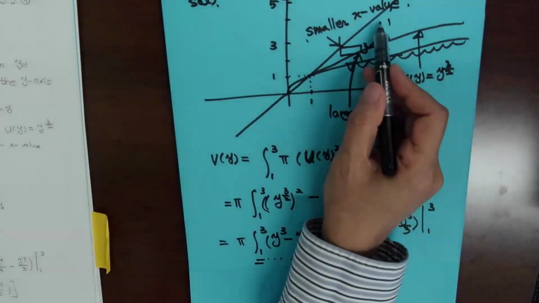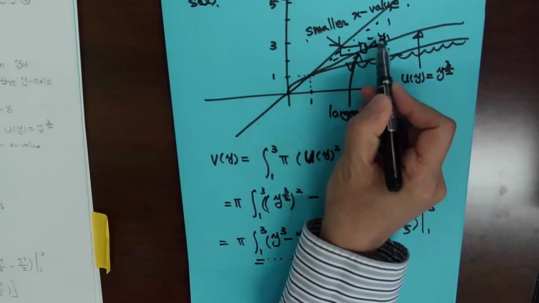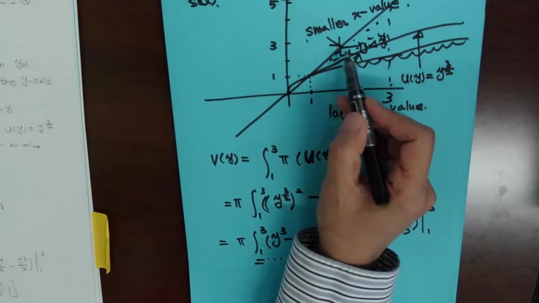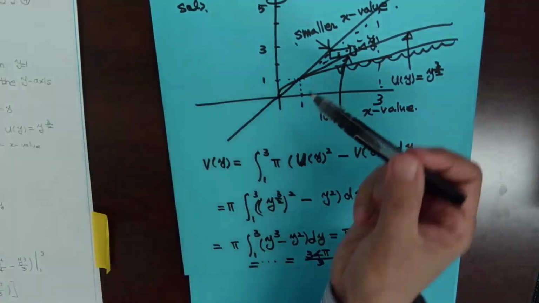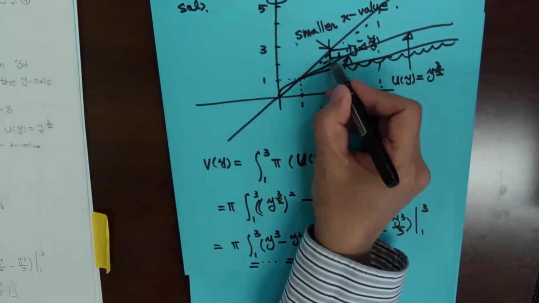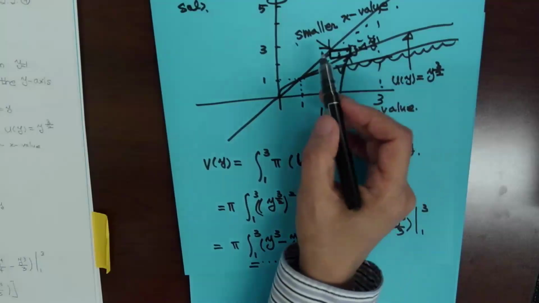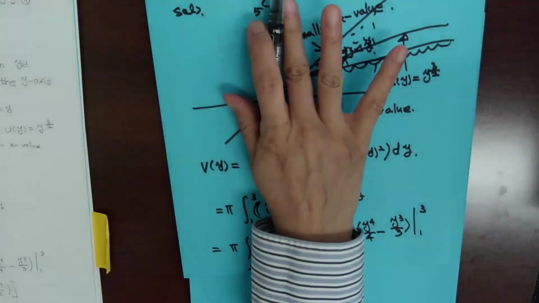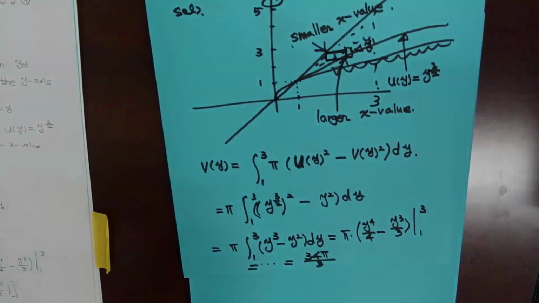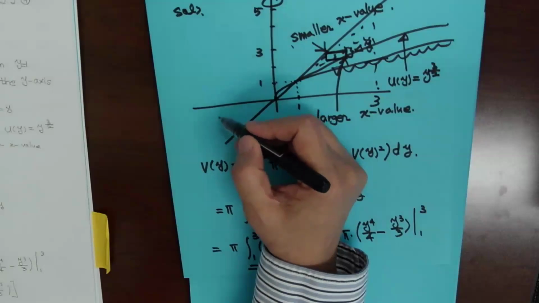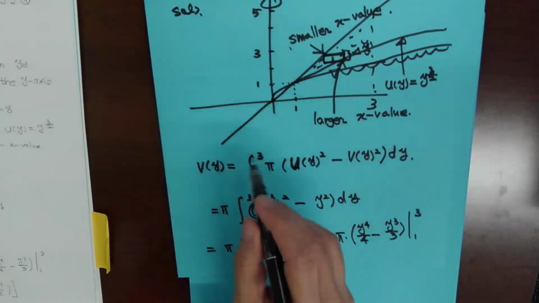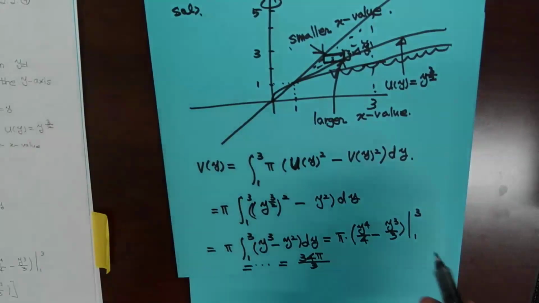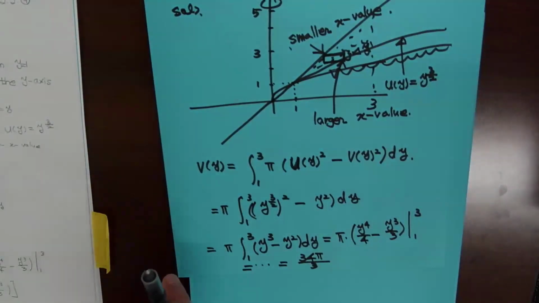So we are thinking about this region, and we rotate around the y-axis, so we draw the stick perpendicular to the y-axis. If we rotate around the x-axis, then when you draw the stick to dissect the region, it must be perpendicular to the x-axis.